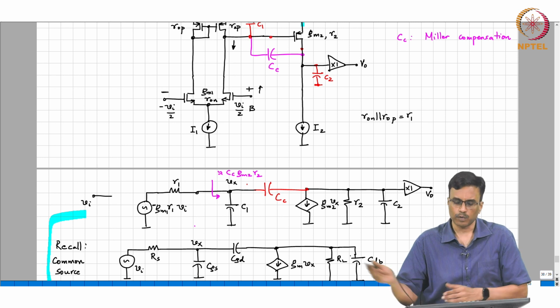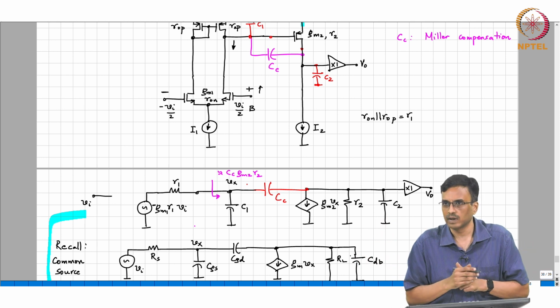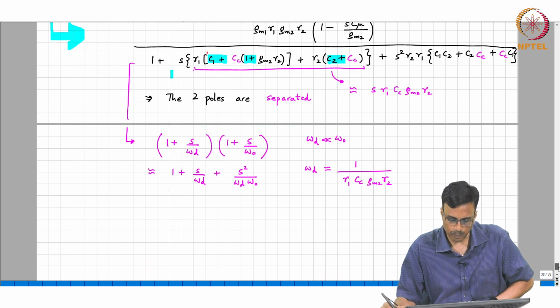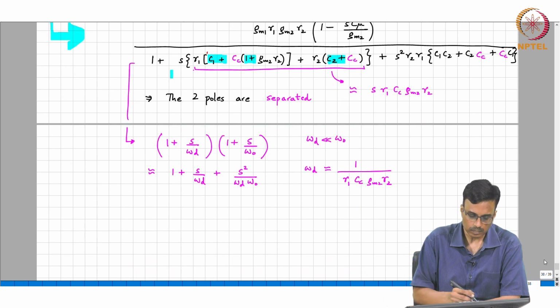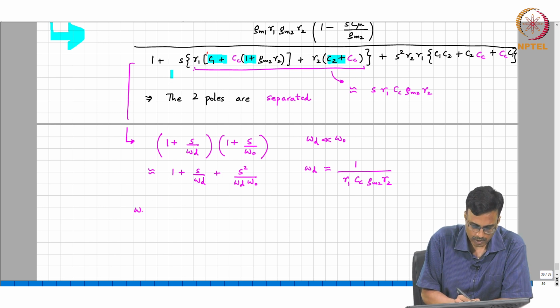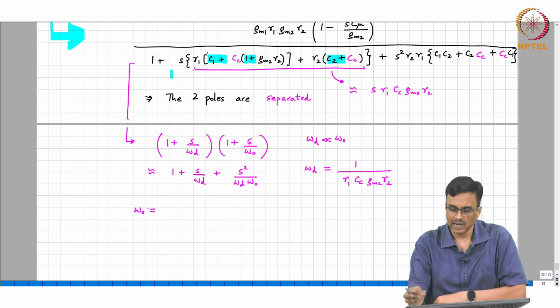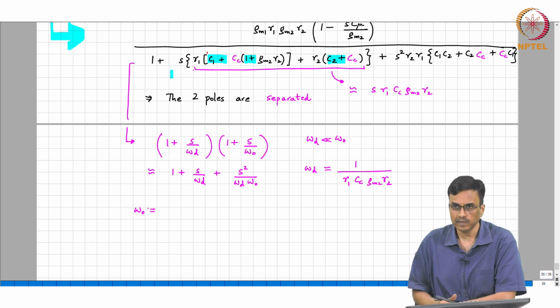I mean, the second pole of course is far away, so as far as the dominant pole is concerned, this is all that we need to worry about. So, what is the second pole therefore? What is omega naught? Yeah. So, basically we know the product of the two poles.